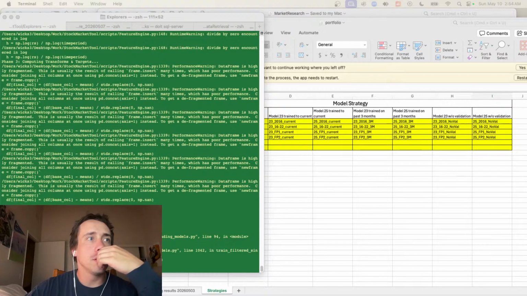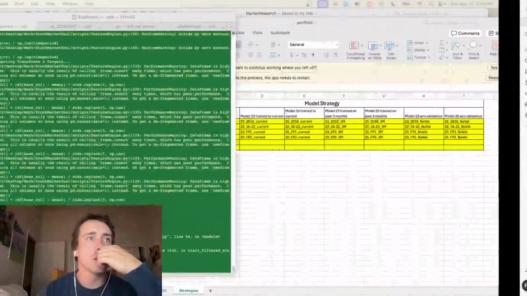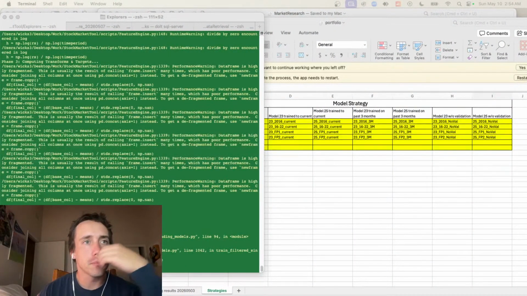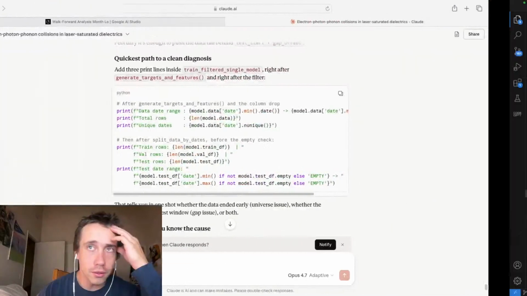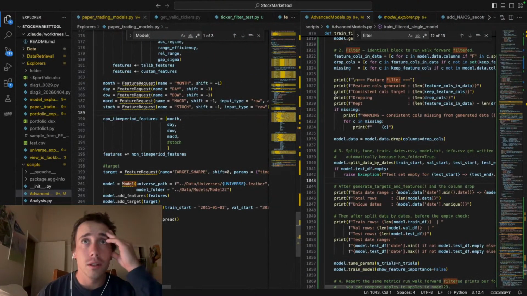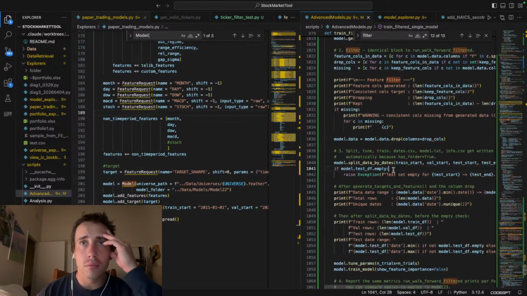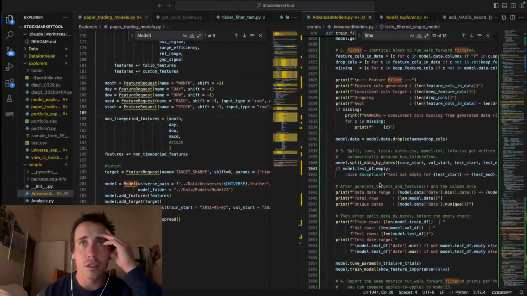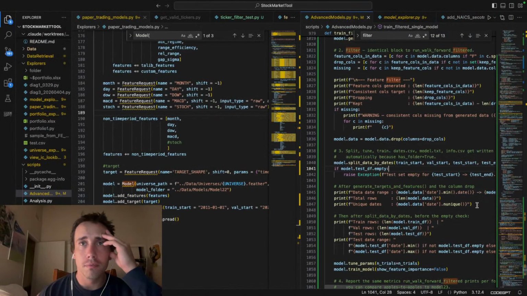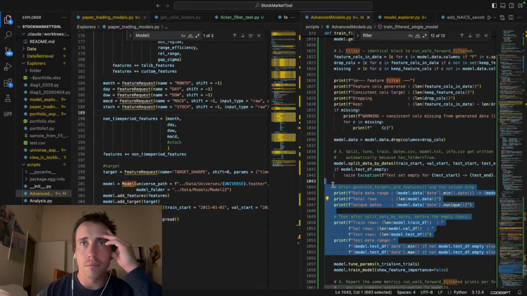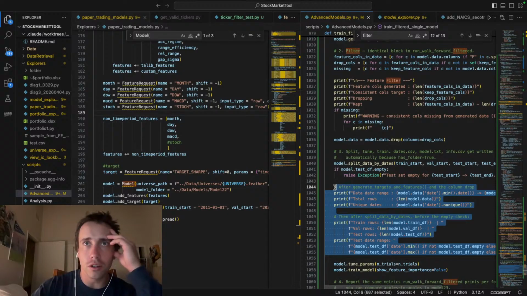Test set empty. What line was that? 1042. In train single model, 1042. Test set empty for test start to test end. Oh. Okay, so this actually needs to go here.